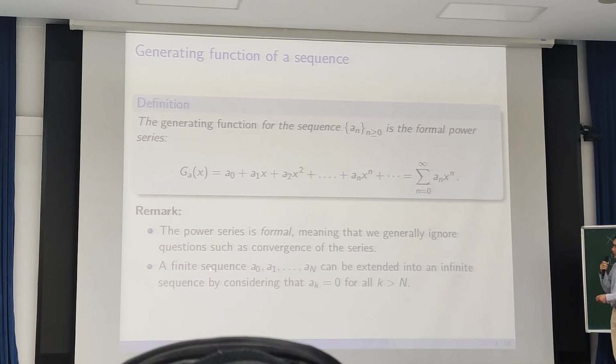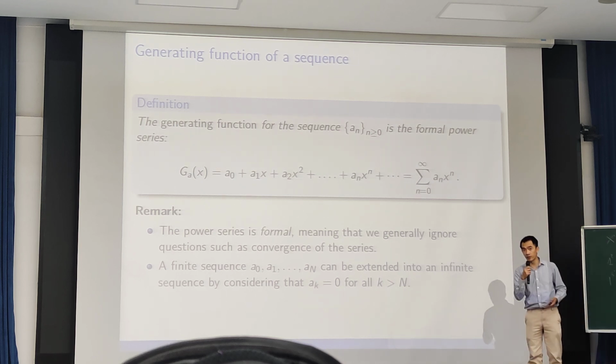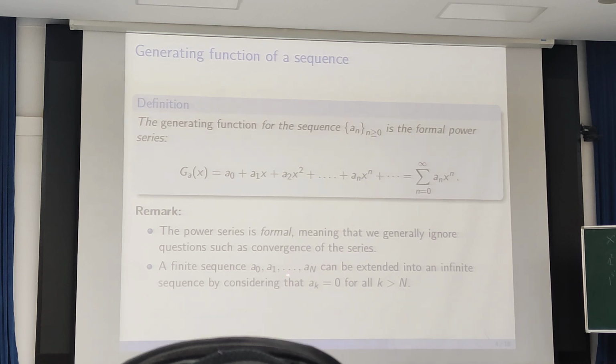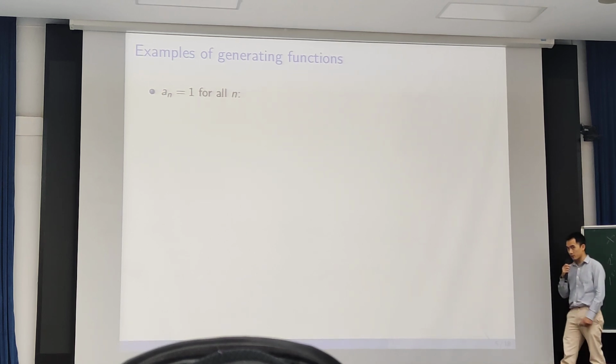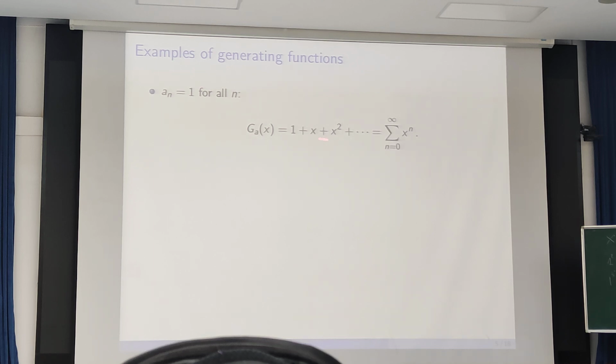So actually a finite sequence is represented not by a formal power series but by a polynomial, okay? Where the degree of the polynomial is determined by the number of terms of our sequence. Okay, for example, if we consider a sequence where every term is equal to 1, then you have this series which is called the Maclaurin series, okay?